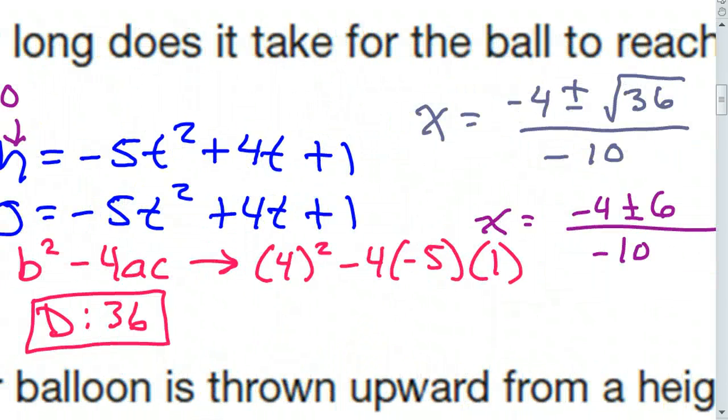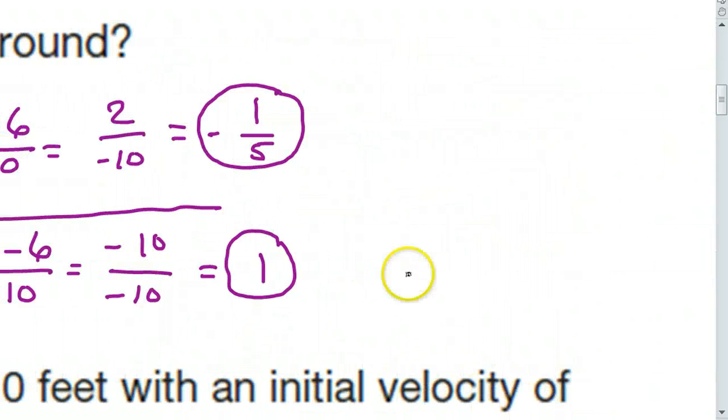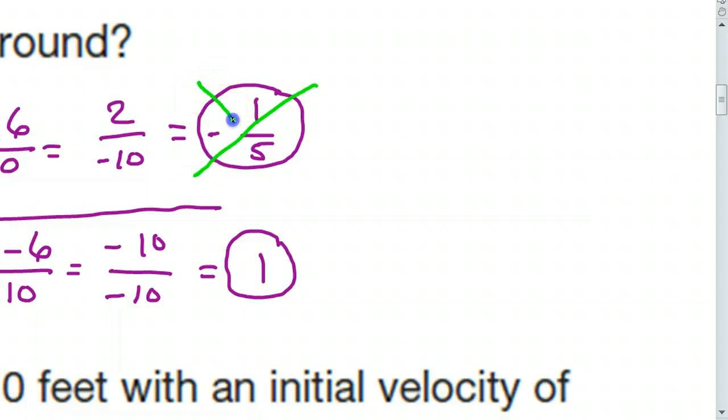Now, this is a word problem, so we need to think about what these values mean. Remember, we had the height of 0. We were looking for the time that goes with it. So which one of these could be the possible time? Could it be negative 1/5 of a second? Is that how long it could take for the ball to hit the ground? Or could it be 1 second? The time can't be negative.